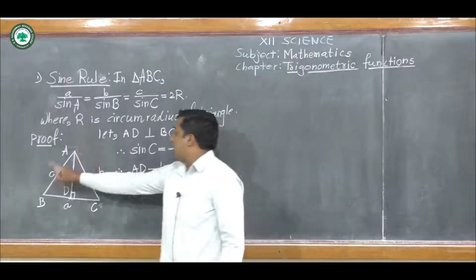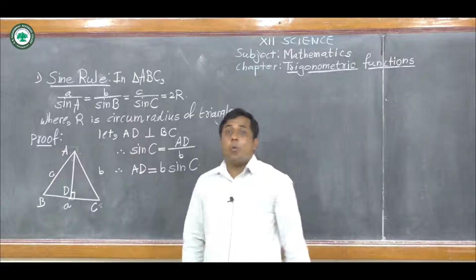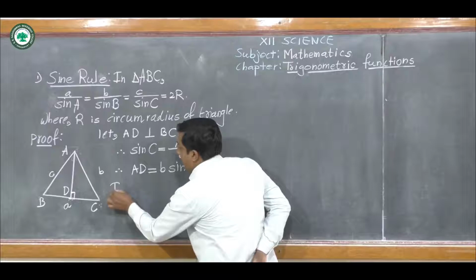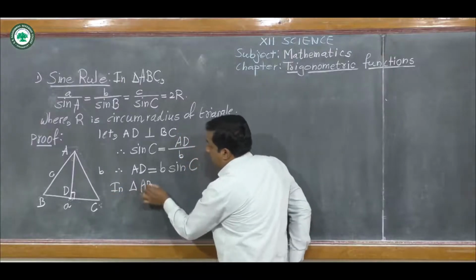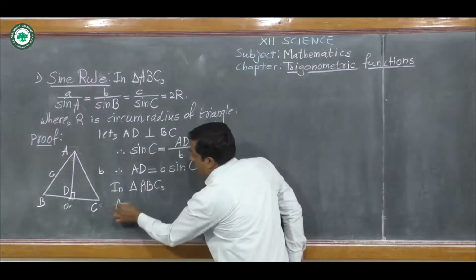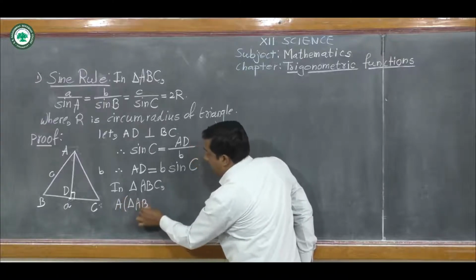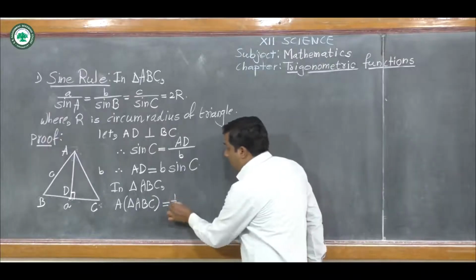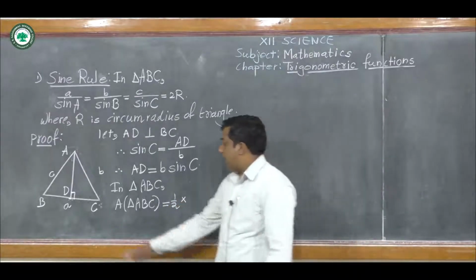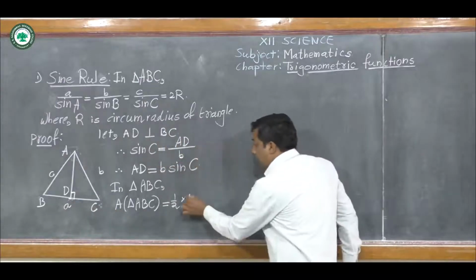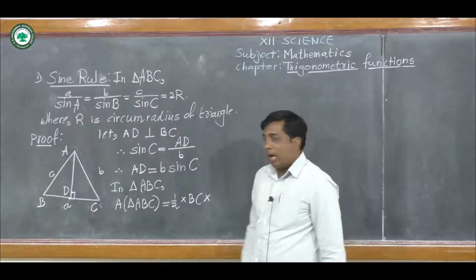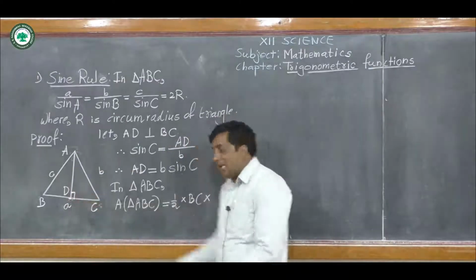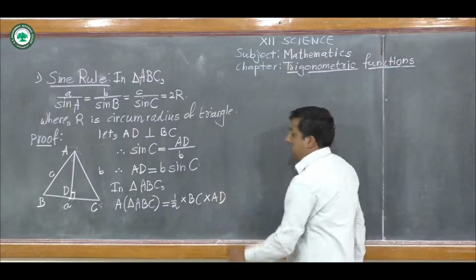Now we consider triangle ABC and its area. In triangle ABC, the area is 1 upon 2 into base into height. Here the base is BC and for height we consider AD, so into AD.